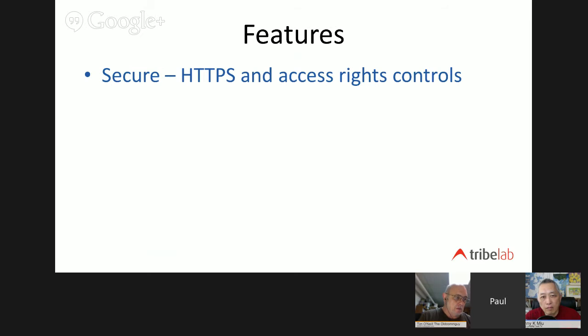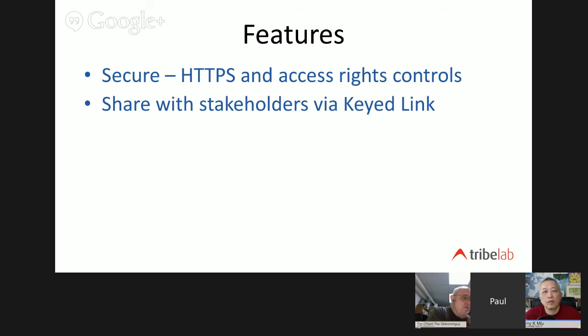It's confidential in that it's encrypted using HTTPS, and there are also access rights controls so that you can only view your own tickets. You can't go viewing other people's. When you share the keyed link with stakeholders, without that key, they can't access any of the maps.